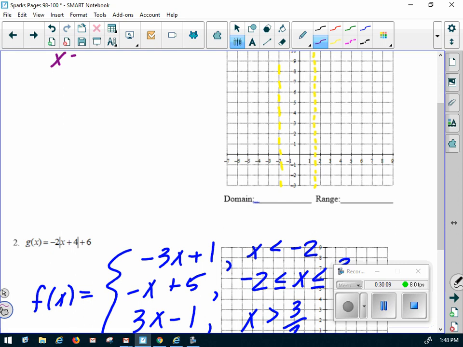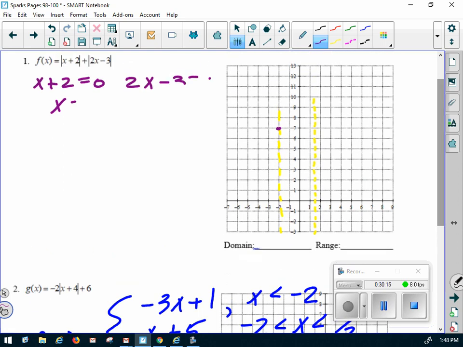Slope 3 and 1, 3 and 1. And remember, it doesn't matter if you go ahead and fill in that circle, they're going to connect anyway.